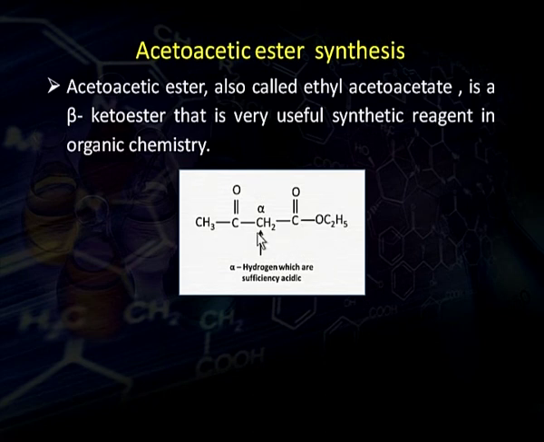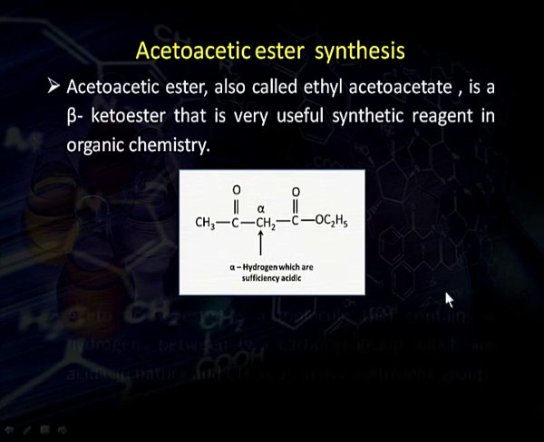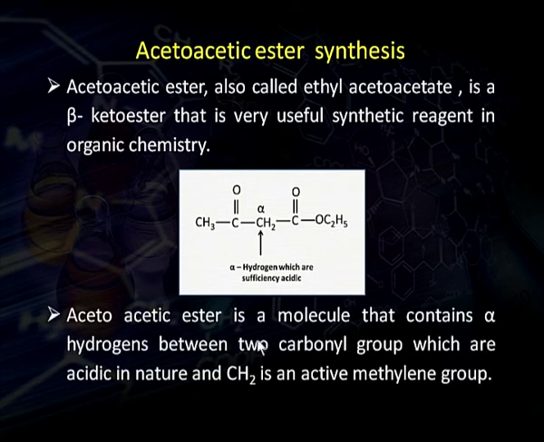They make this alpha hydrogen acidic in nature. Acetoacetic ester is a molecule that contains alpha hydrogens between two carbonyl groups, which are acidic in nature, and this CH2 is known as the active methylene group.